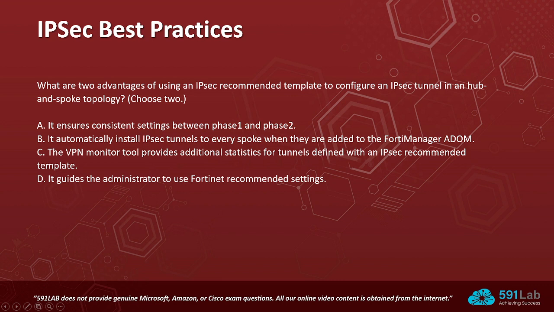The next one, it automatically installs IPsec tunnels on spokes when they are added to the FortiManager. The next one, the VPN monitor tool provides additional statistics for tunnels defined with an IPsec recommended template. And the next one, it guides the administrator to use Fortinet recommended settings.